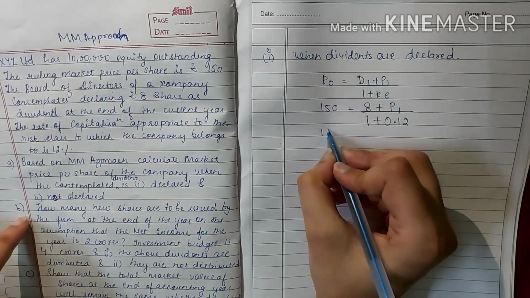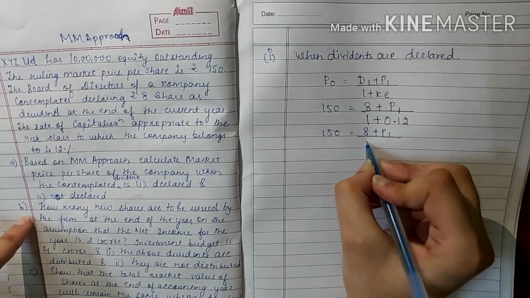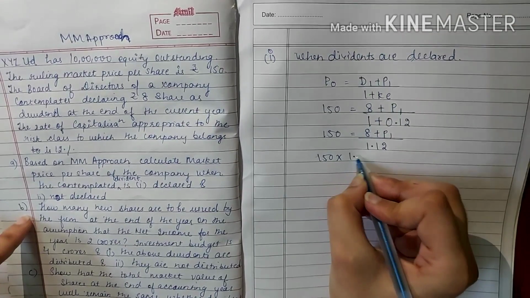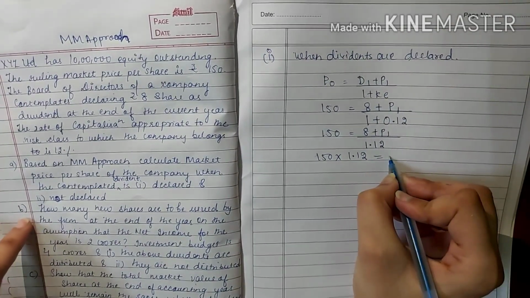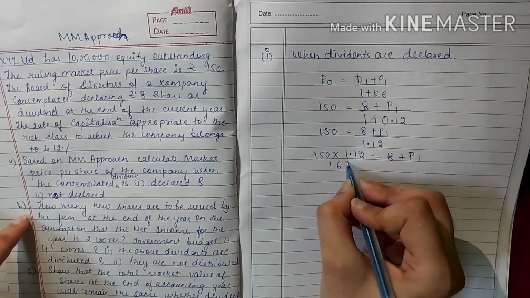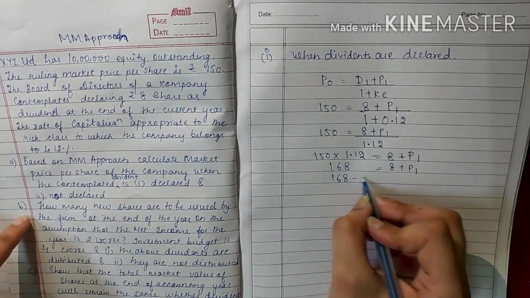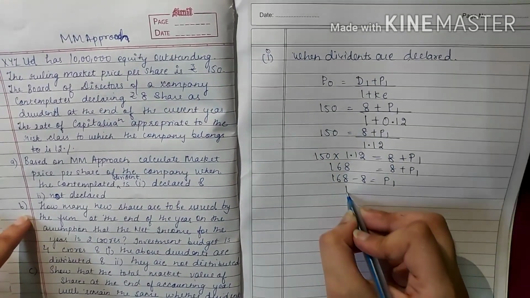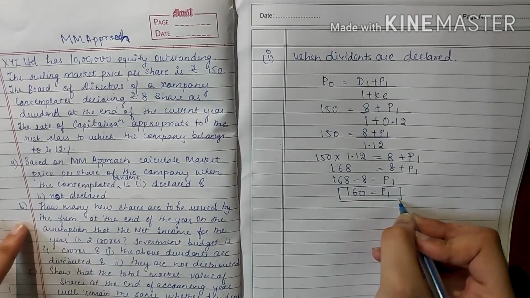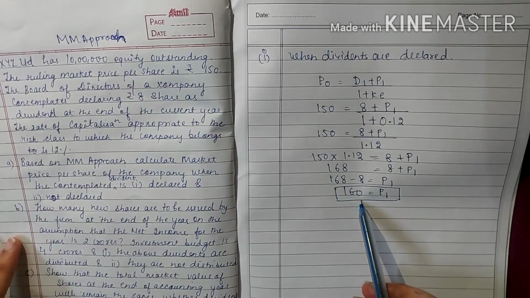Now solving it, 150 is equal to 8 plus P1 upon 1.12. 150 into 1.12 is equal to 8 plus P1. 168 is equal to 8 plus P1. 168 minus 8 is equal to P1. 160 is equal to P1. So here the market price of the share when dividends are declared is rupees 160.